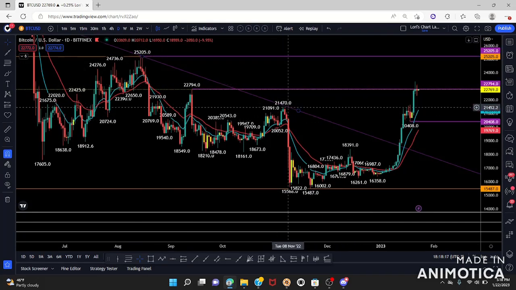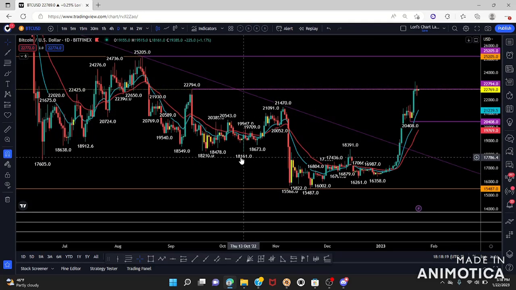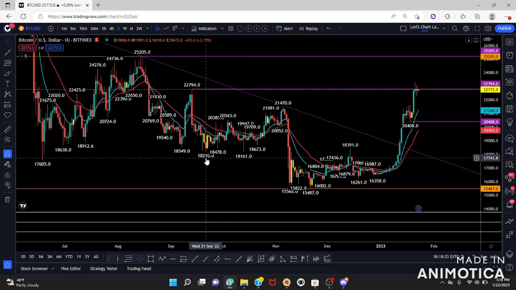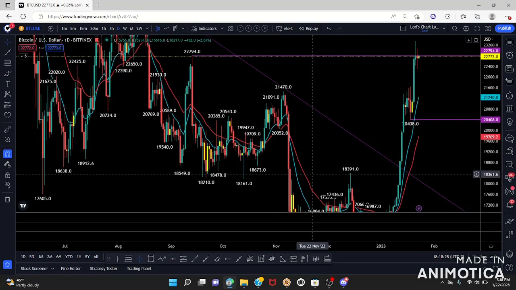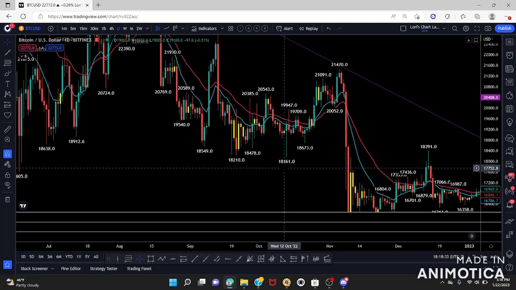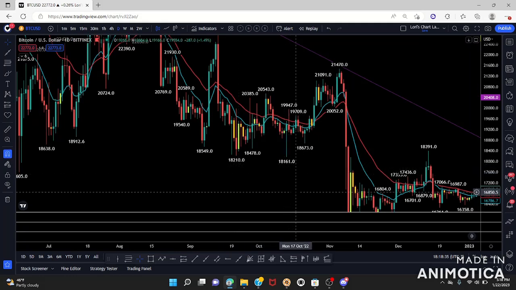So 1 touch, 2 touch, and then we're going to see the lowest price here. It looks like it was 18,210, 18,1... hold on, which one's lower? 18,161 is lower, right? Yes.